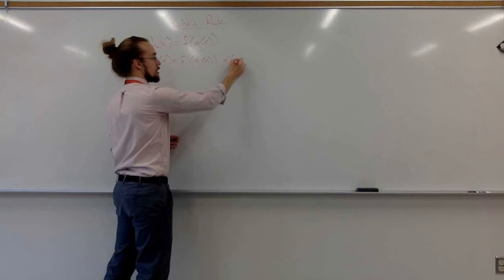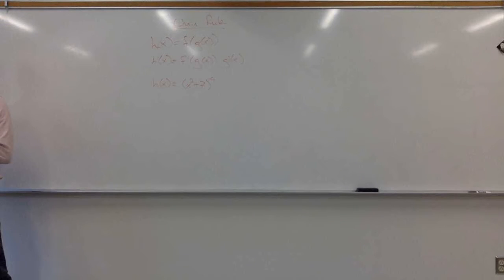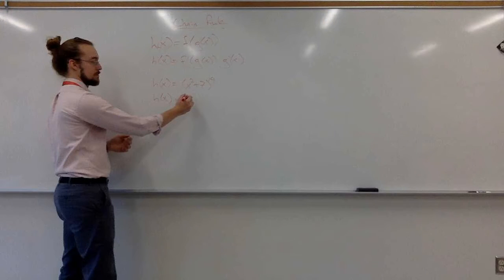So, for example, if my original function was x squared plus 7 to the 14th power, what is the derivative of this function? 14 times (x squared plus 7) to the 13th power times 2x. Perfect.